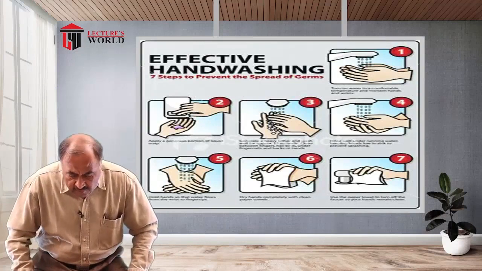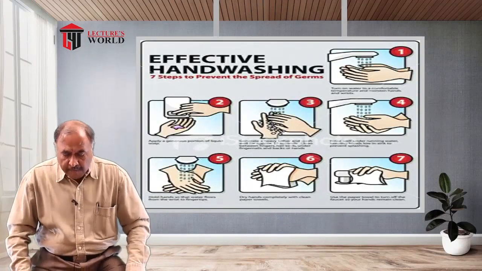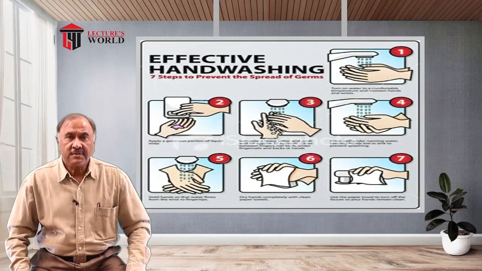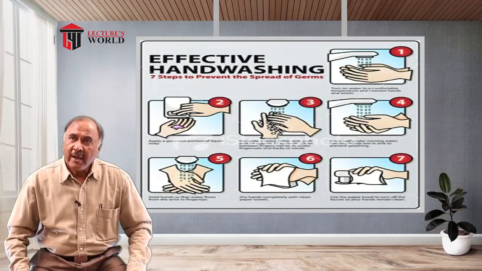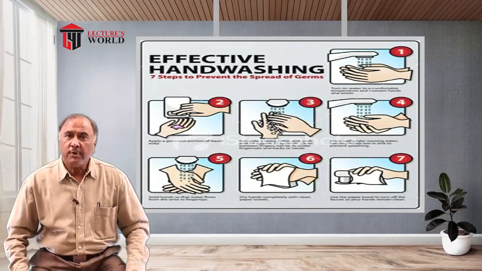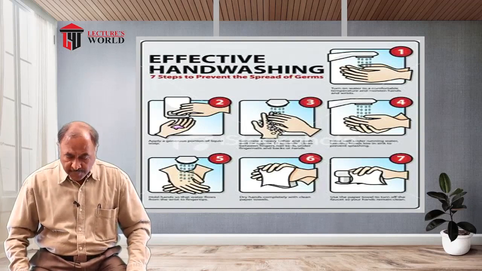This is a diagram which shows effective hand washing. You have to practice it thoroughly. Nursing staff has to understand that hand washing is not a routine thing which you tell anybody and he would do it. It has to be thoroughly taught.